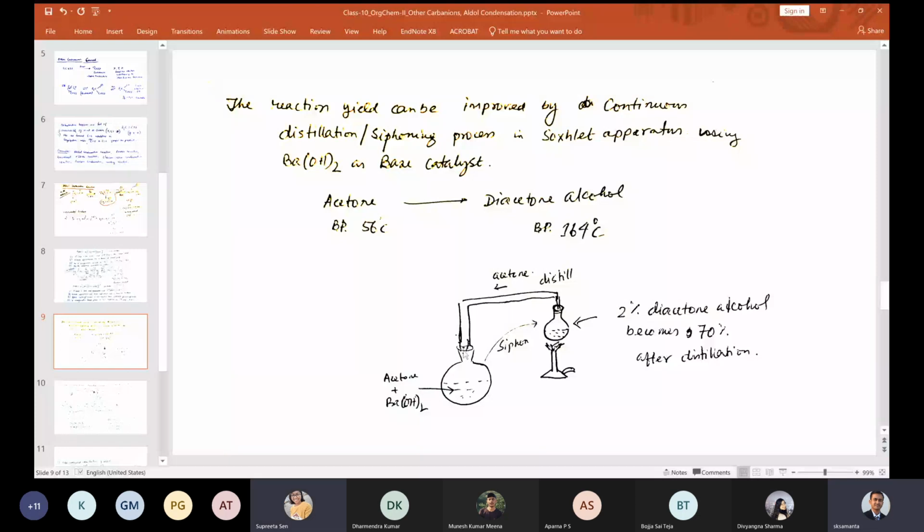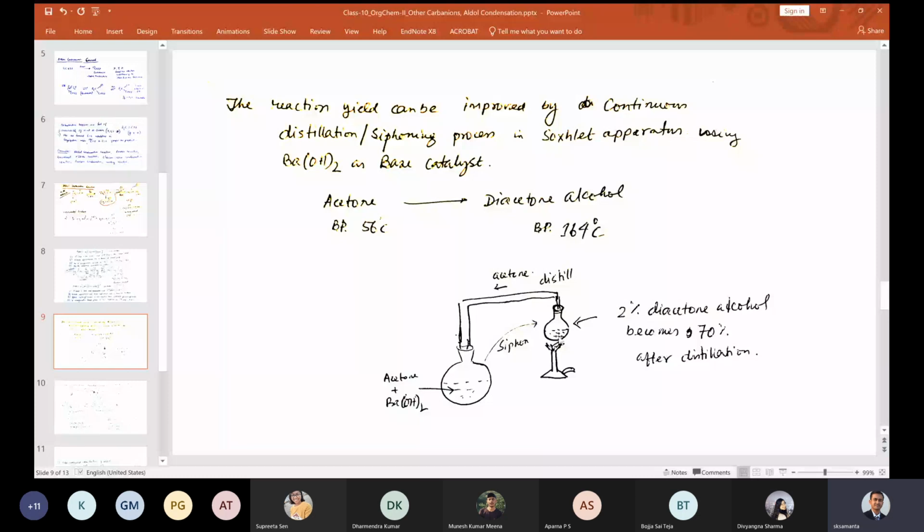In this way, what will happen? After some time, you will see that in this flask there is only diacetone alcohol. The amount of acetone decreases here. Only diacetone alcohol remains.